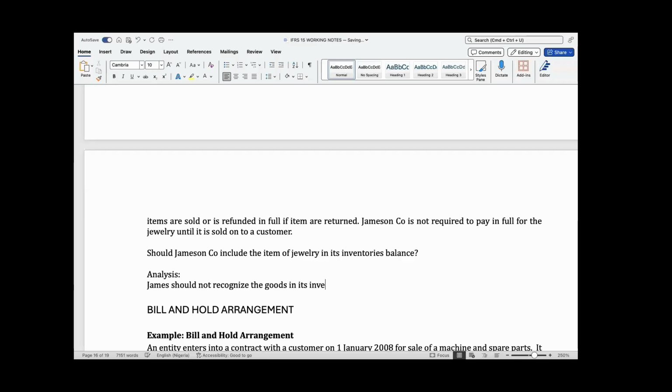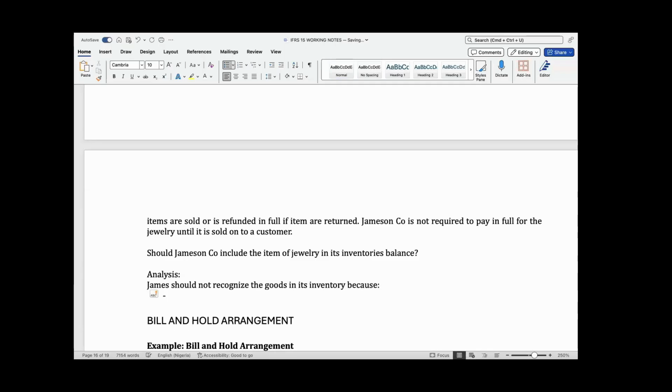Even though he made significant deposits, title has not been conferred on Jameson Co. Correct. So Jameson does not have control over the goods.